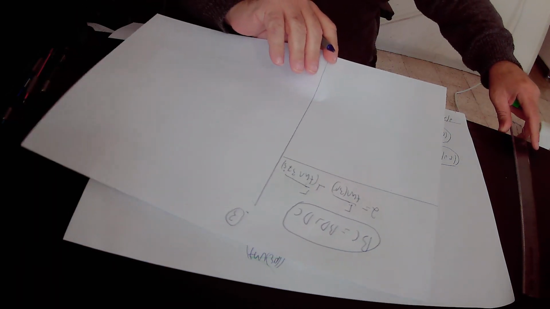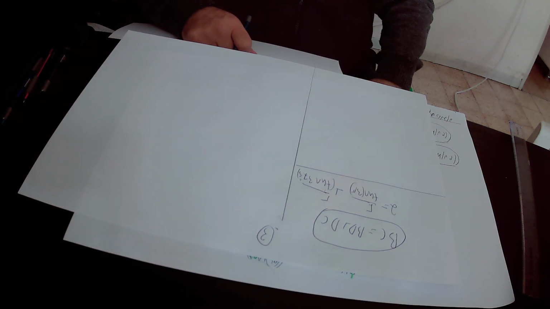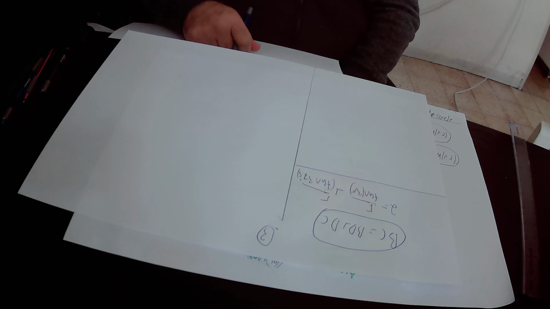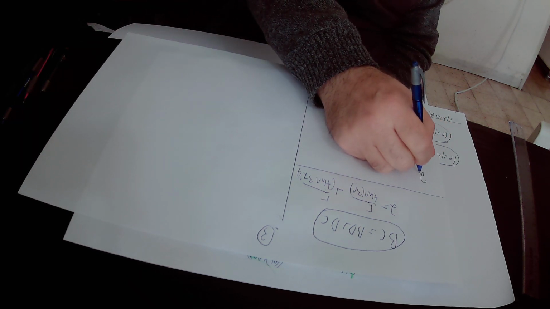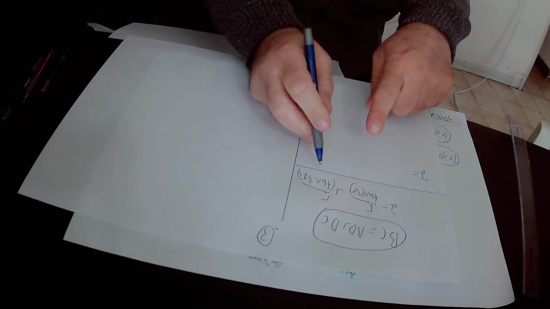So in conclusion, we found out that 2 equals R over tangent 30 degrees plus R over tangent 37.5 degrees. Here we take out R as a common factor from those two expressions.